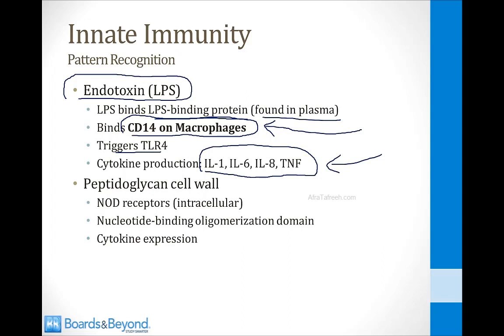The innate immune system can also recognize peptidoglycan in the cell wall of bacteria. If bacteria get inside a macrophage, for example, there are receptors called NOD receptors that are intracellular. NOD stands for nucleotide binding oligomerization domain, and that's a mouthful. But once peptidoglycan binds these NOD receptors, this leads to cytokine production.